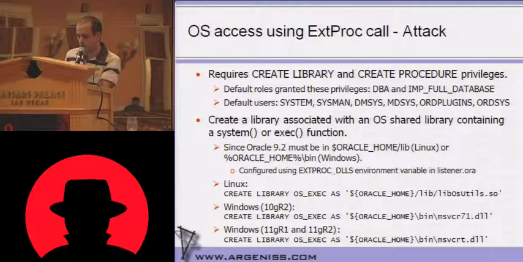For example, in Windows we have the Visual C runtime library that contains a system function that can be used to execute operating system commands, and on Linux there is also the libosutils library that contains an exec function that will execute operating system commands.